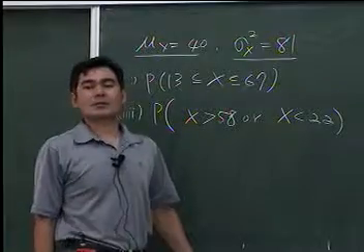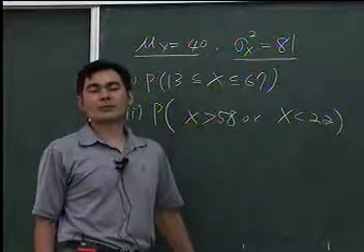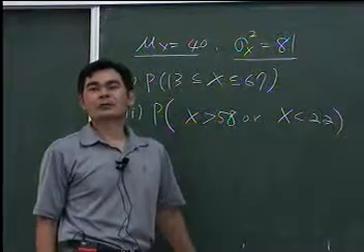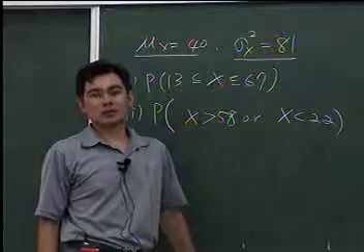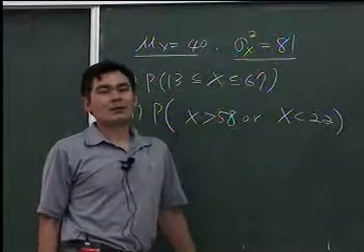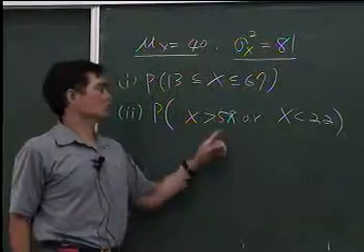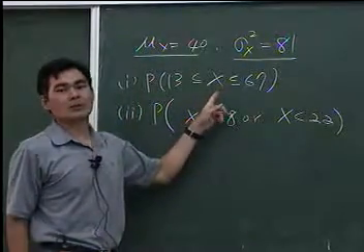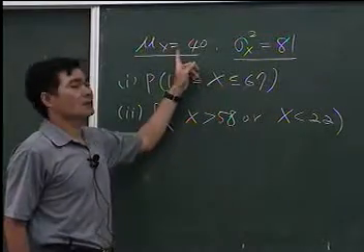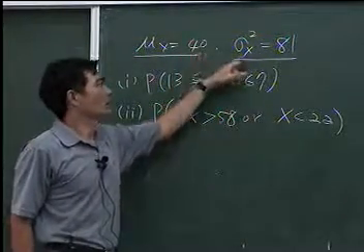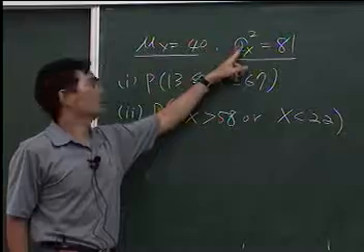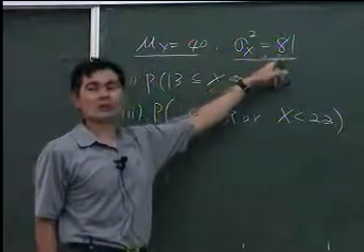So in this case, for any distribution, if you want to know the probability, you need to know what kind of distribution that is. But in this case, we don't know anything about this distribution. We only know the mean is 40 and sigma x squared, that's the variance, is equal to 81.